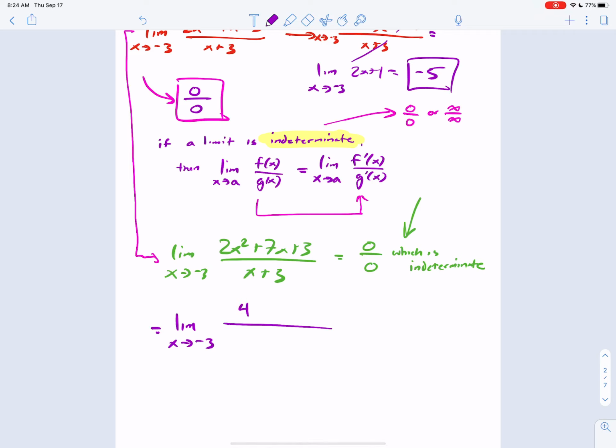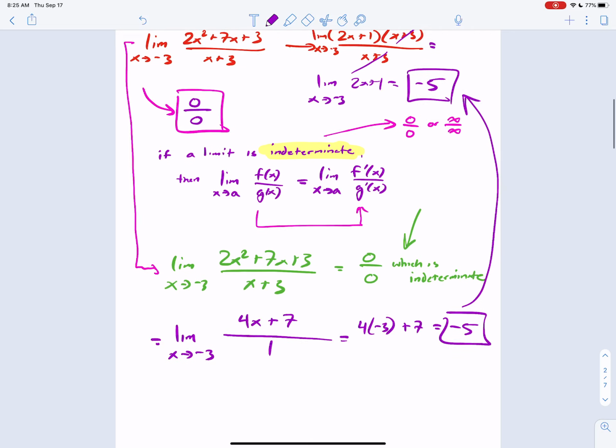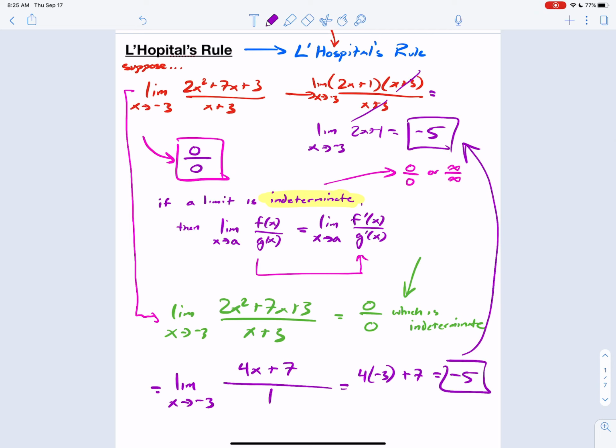That's just going to be 4x plus 7. Down below, the derivative of x plus 3 is just 1. Notice how I can directly substitute now. I end up getting 4 times negative 3 plus the 7, which gives me negative 5, which is what I got right up here. Okay, so this is an alternative way.